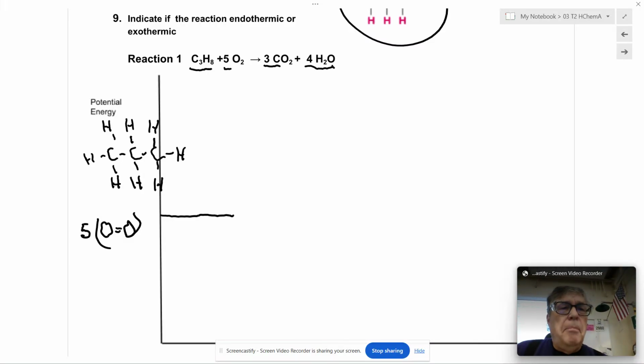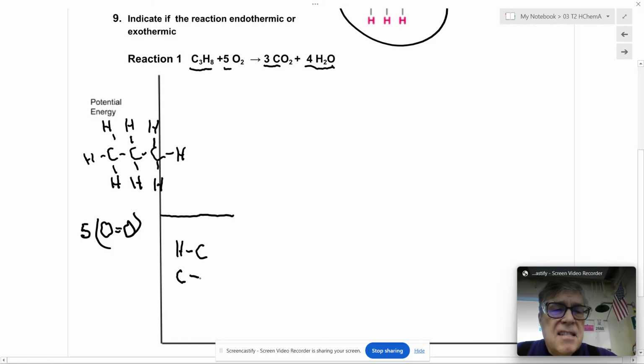And so the bond energy we have: hydrogen and carbon single bonds. We have carbon to carbon single bonds. And we have oxygen to oxygen double bonds.